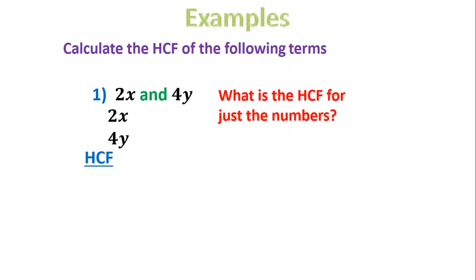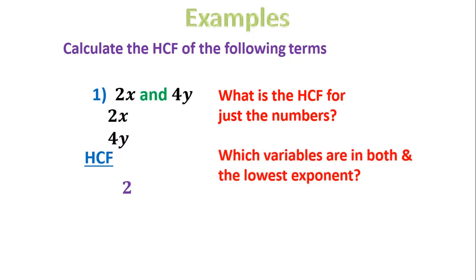So we want the HCF. The question we ask is, what is the HCF for just the numbers? In other words, I want the HCF for 2 and 4. Hopefully you can see that it is 2, and so my HCF for just the numbers is 2. The second part is I ask which variables are in both, and if I have variables in both, then I look at the exponents.